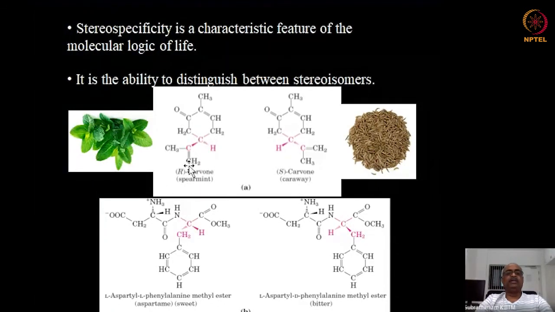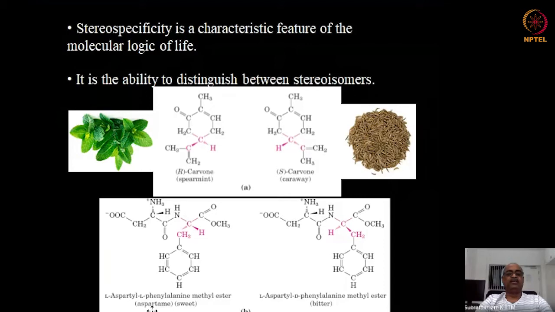In spearmint, it is the R orientation, and in caraway, it is the S orientation. Simply due to this, the odorant receptor in your nose where this carvone binds varies, and due to that, you smell this one differently from this. And it is not just the smell, even the taste.